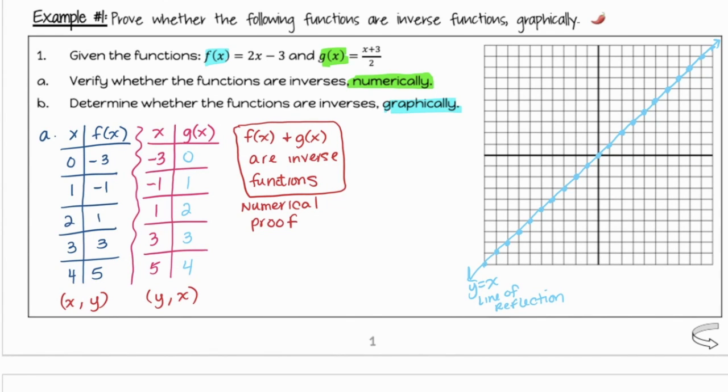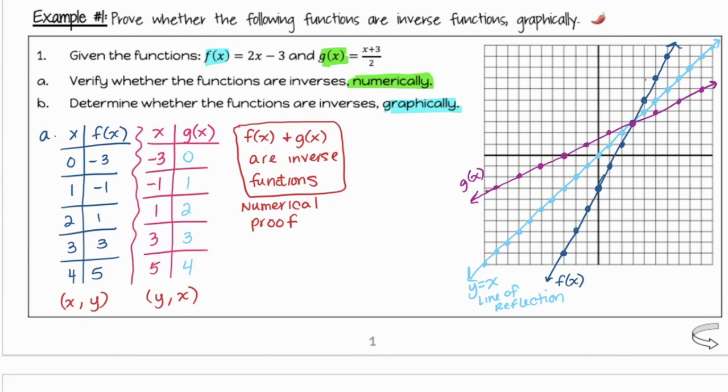Now what I'm going to do is graph the f of x function and also g of x, and I'm going to use those ordered pairs that I already have from part A. Alright, so I graphed both my functions, g of x and f of x. Make sure you label your lines as well.